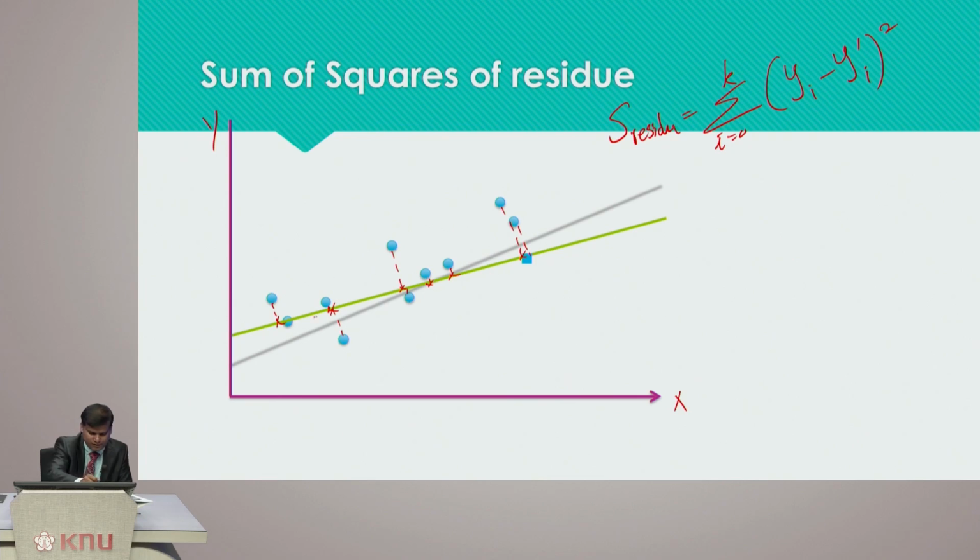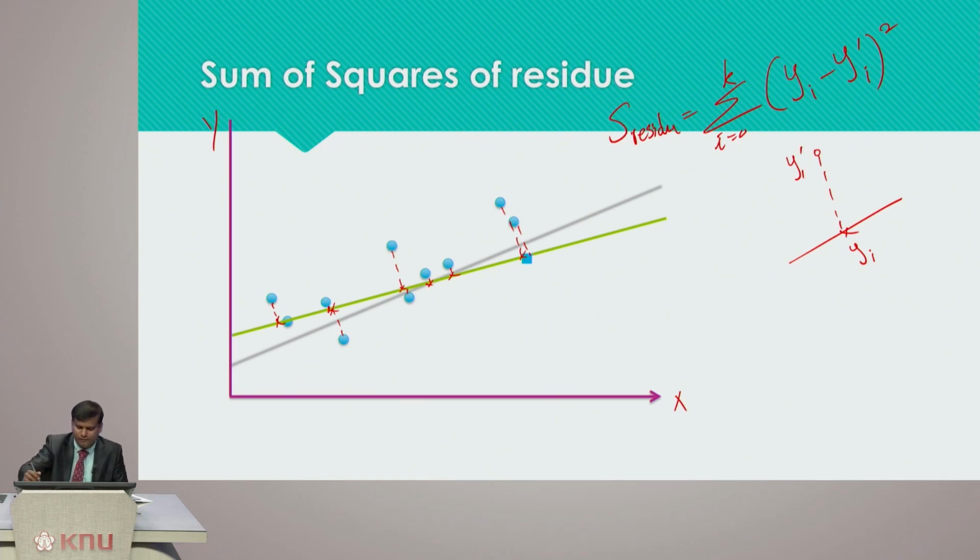Let's say you have this point here and you project it over to the line. This is yi and yi prime.